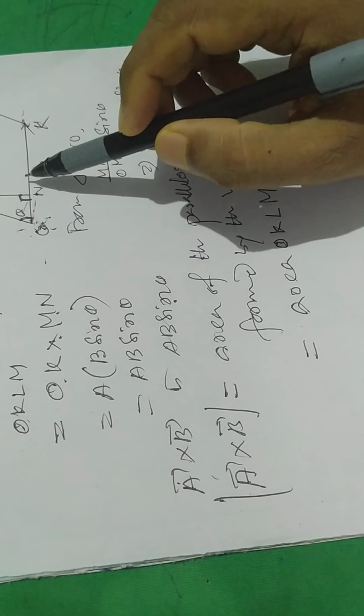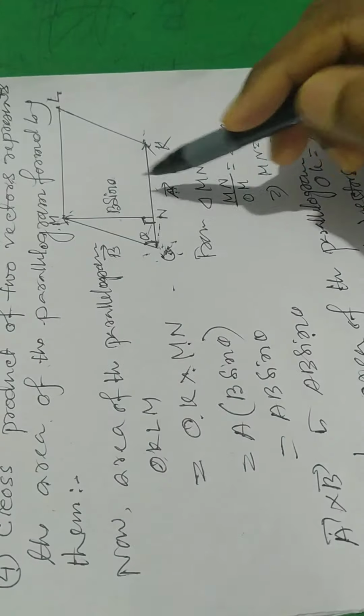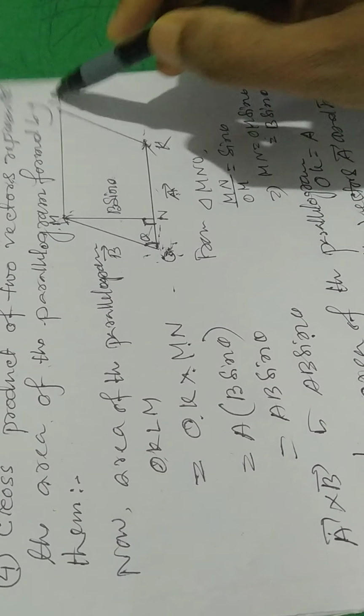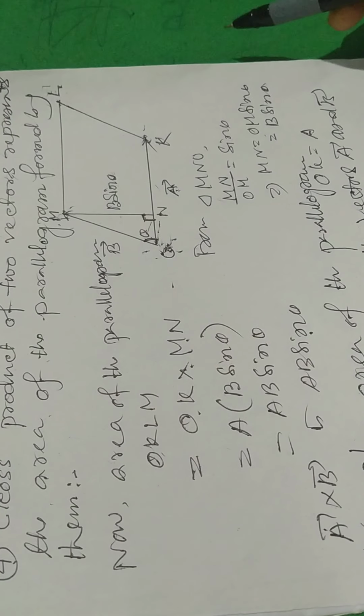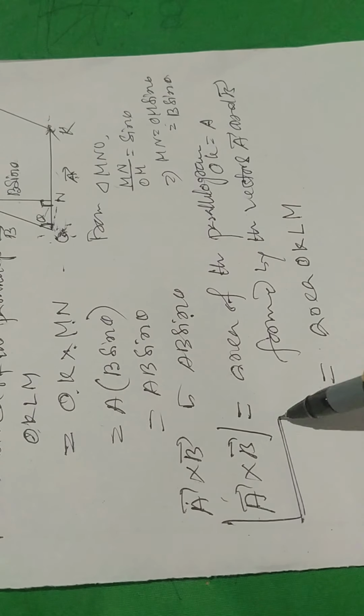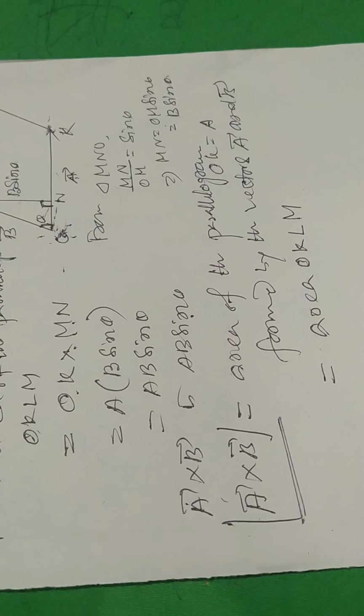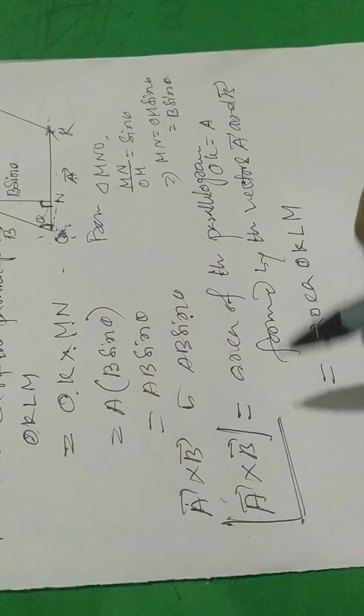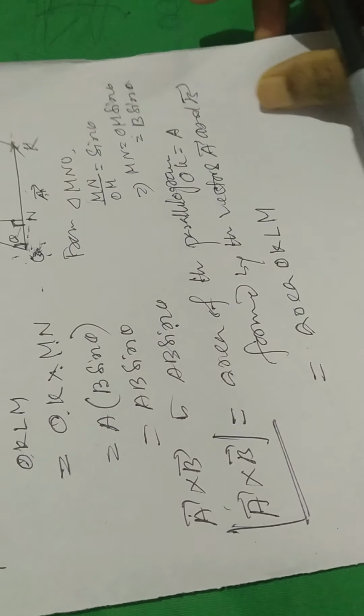So what we have learned: area of parallelogram OKLM gives the magnitude of the cross product of two vectors. If you put modulus, it represents the magnitude.